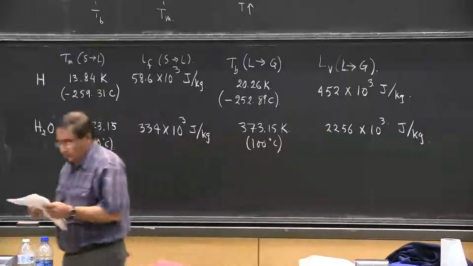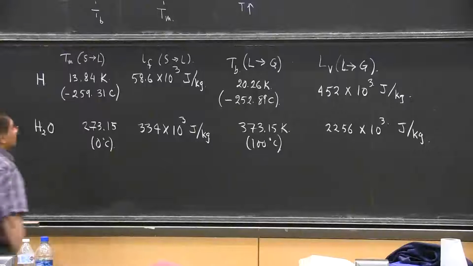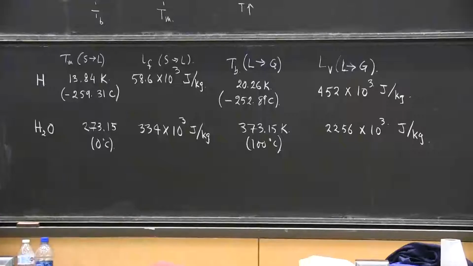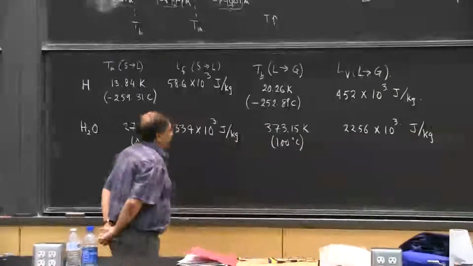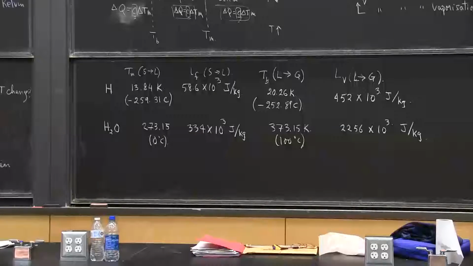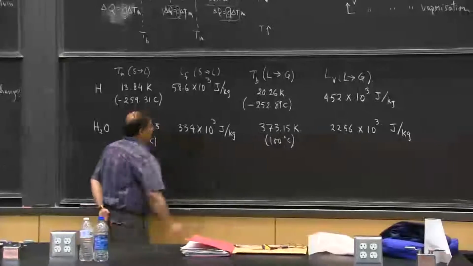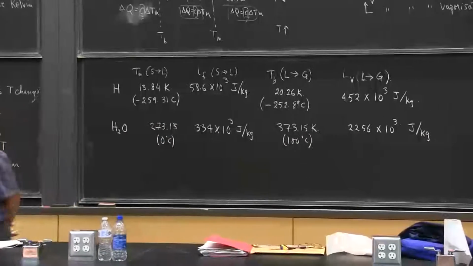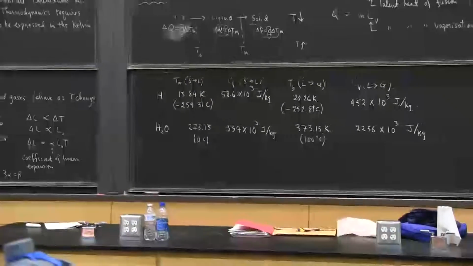So these are just some comparatives, just to give you a sense of numbers that we end up dealing with when we talk about the amount of energy that is involved per kilogram as we go through various phase changes. And you can see that vaporization of water requires an enormous amount, but even melting from ice to water is also energetically not cheap, with 334,000 joules being taken up for just 1 kilogram of water to go from solid to liquid phase. Okay?